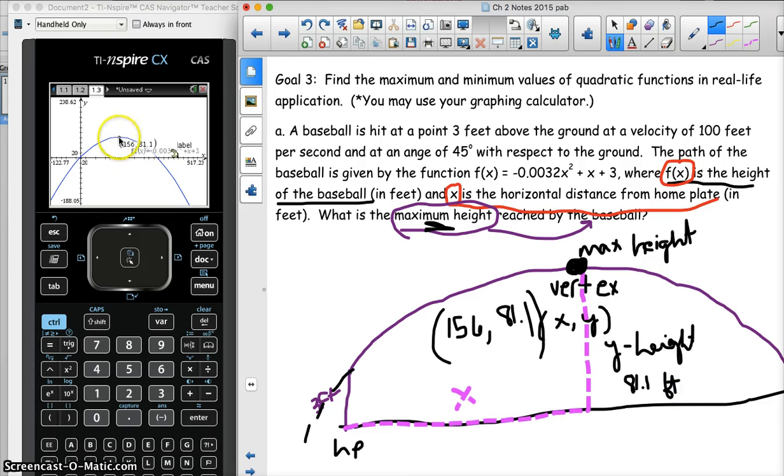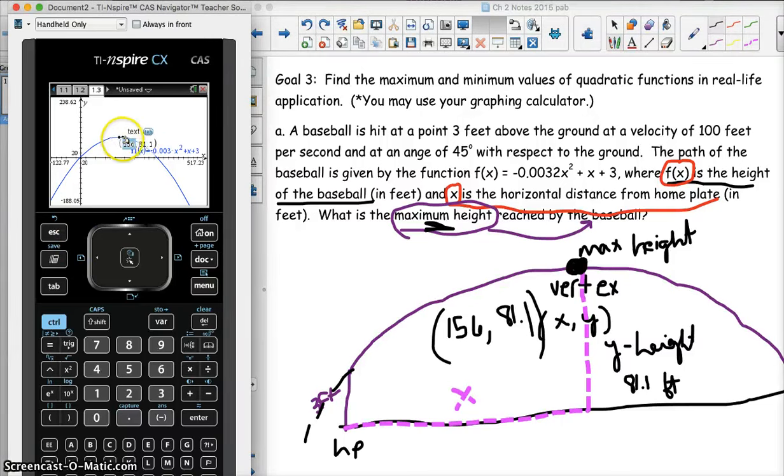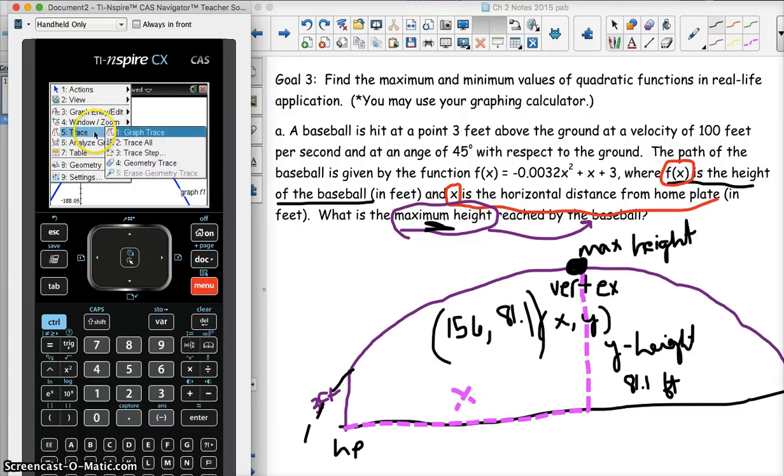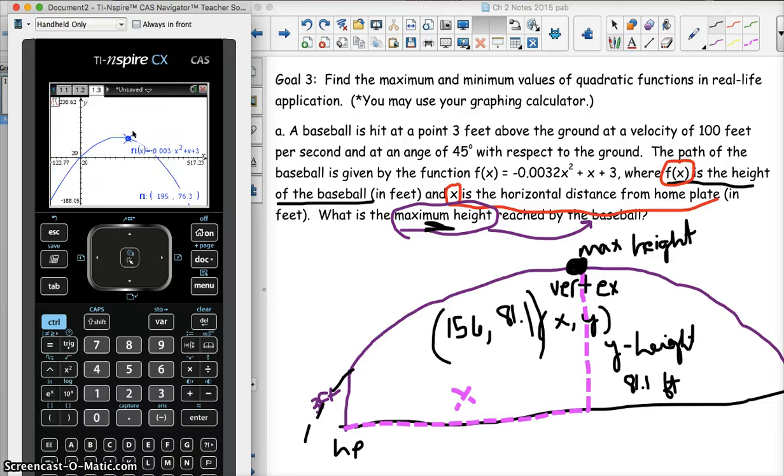An alternate way you can find this point, let me get rid of this point first. To get rid of that point, I selected it and then pressed delete. Another way to find that point is to select Menu, and rather than Analyze Graph, I can go to Trace, Graph Trace. Now I can toggle left and right, and sometimes the word maximum will pop up.